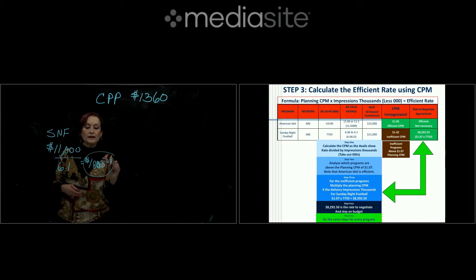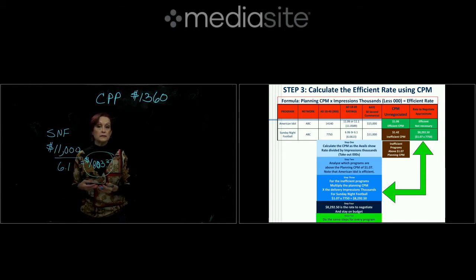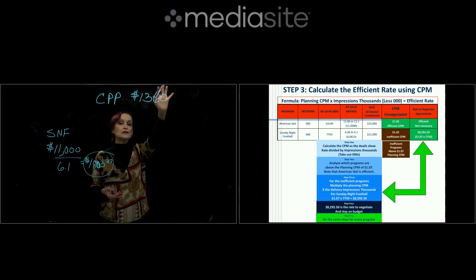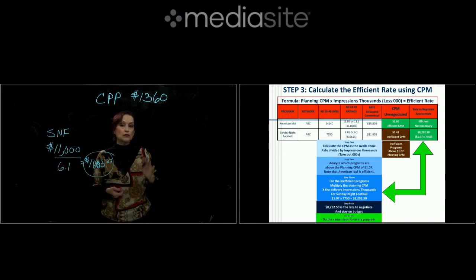So this is what you need to go negotiate, because it's more expensive than the allocated $1,360 per point that your buy allows.